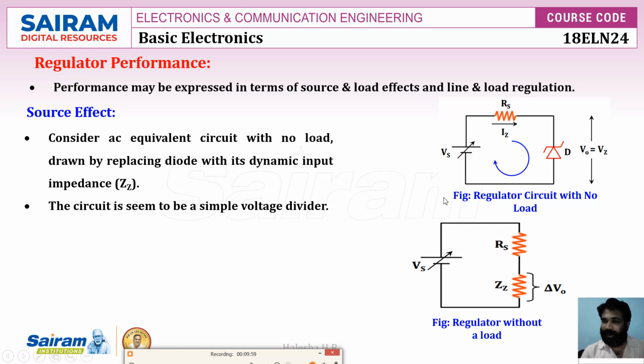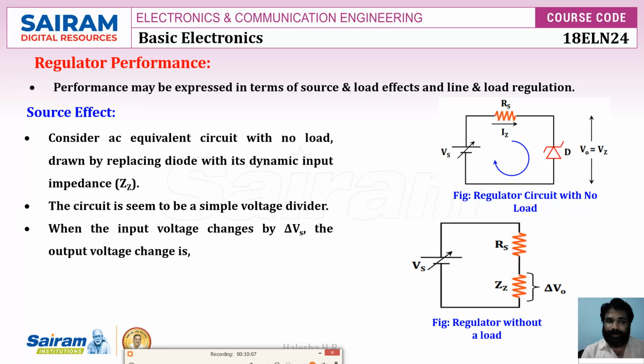The circuit seems to be a simple voltage divider. So the applied voltage is divided into the voltage across RS and the voltage across ZZ. When the input voltage changes, I mean small changes in input voltage represented by delta VS, there will be small changes in output voltage across the impedance ZZ, that will be delta V naught.